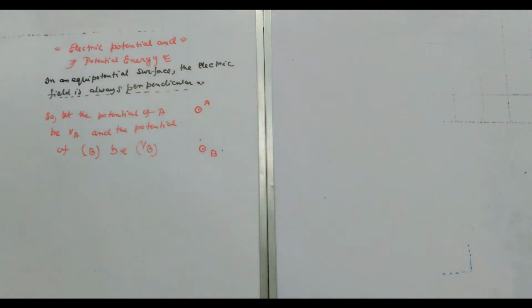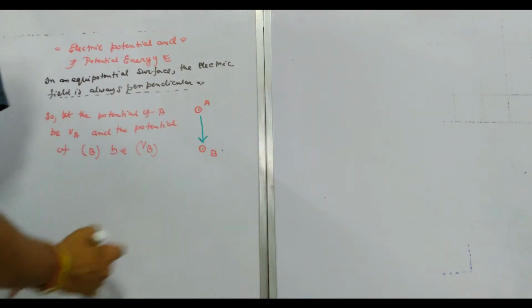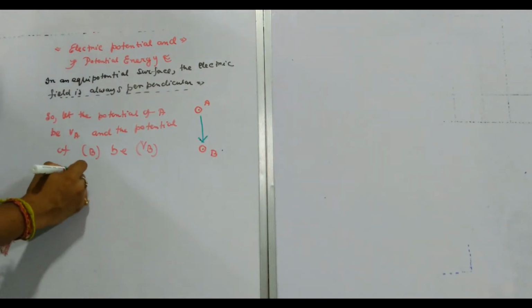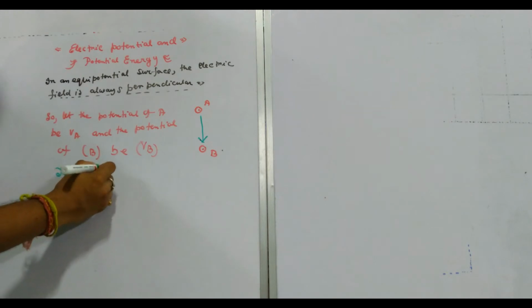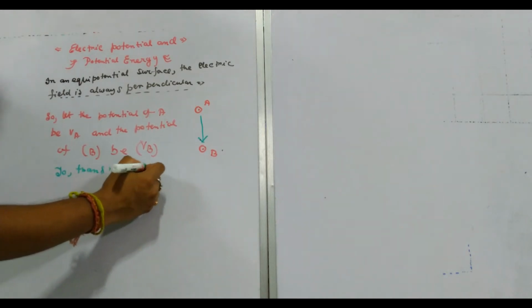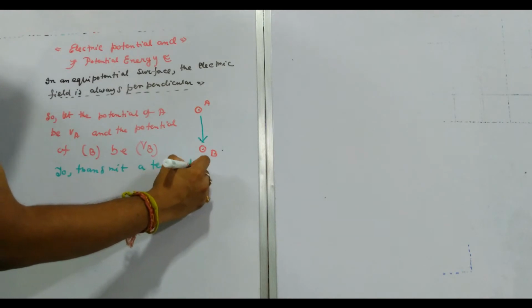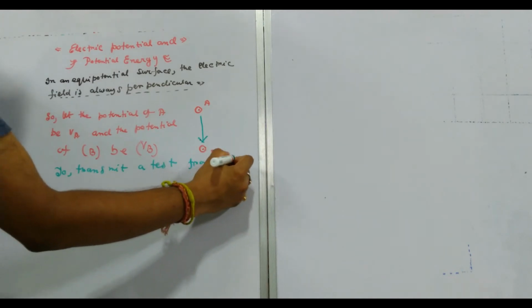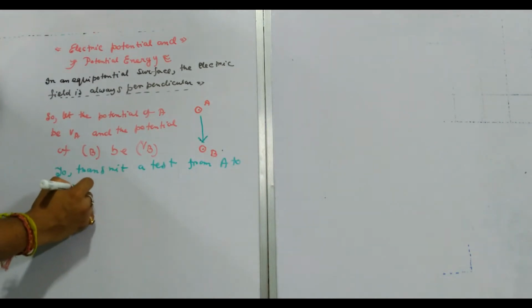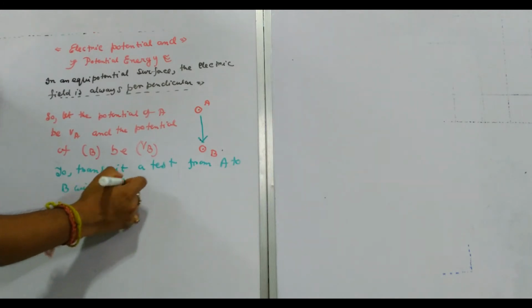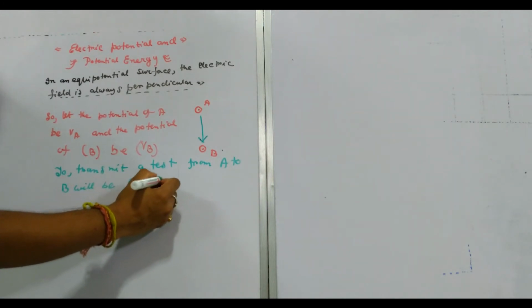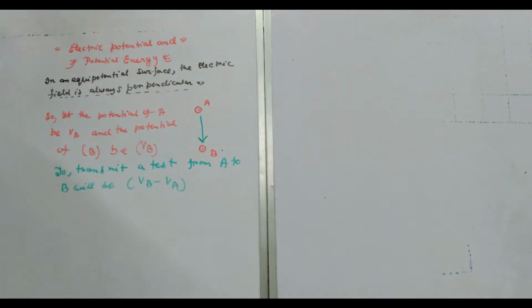So, if we try to transmit a unit charge or a test charge from A to B, then the amount of work done will be nothing but the potential drop, that is VB minus VA. Clear?